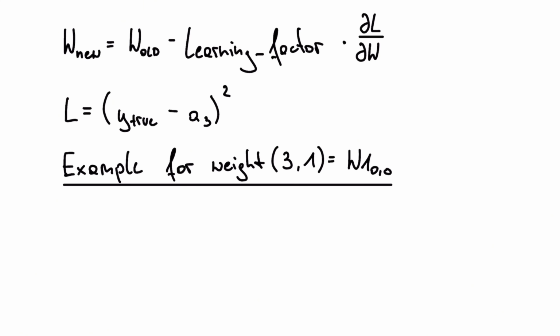If the derivative is large and positive, that means the error increases quickly if we increase the weight, and we want to do the opposite. We want to decrease the weight, and that's why we subtract this value. Because if the slope is positive, the error increases, and we want to lower the error by lowering the weight.